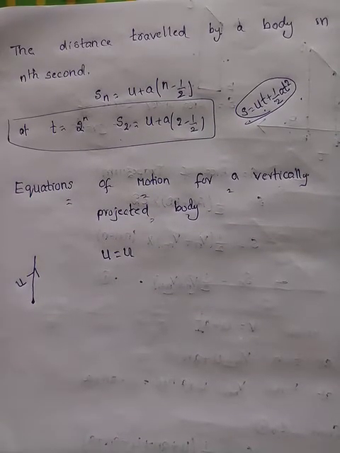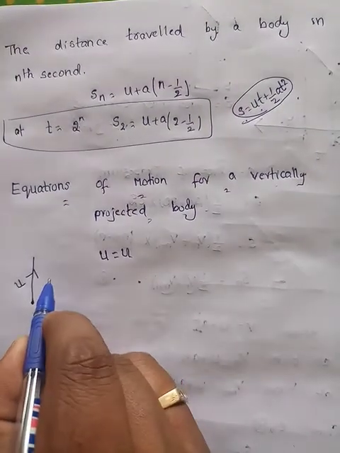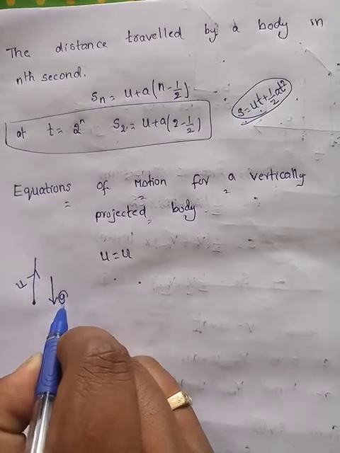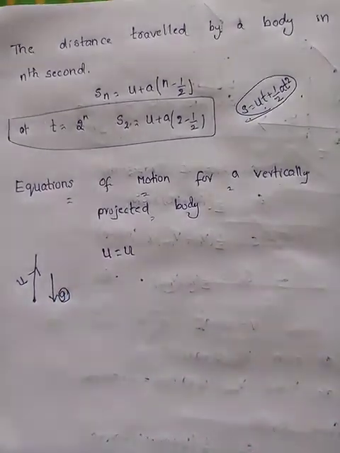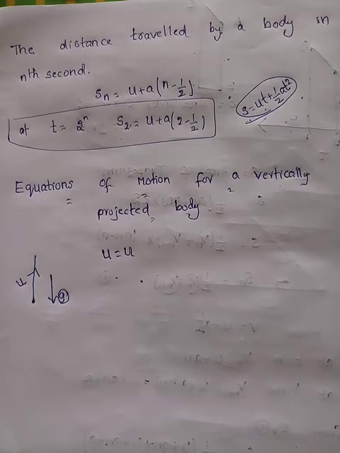Now we know we are on the Earth's surface, so one force is always with us. What is that force? Gravitational force. The gravitational force is acting downwards, means acceleration and velocity are in opposite directions. The velocity is upwards, the acceleration is acting downwards.